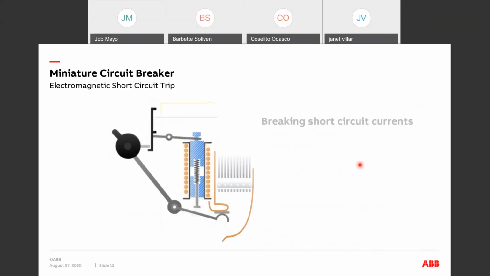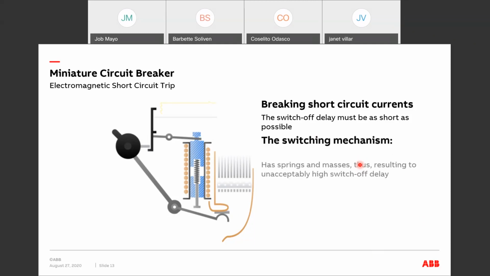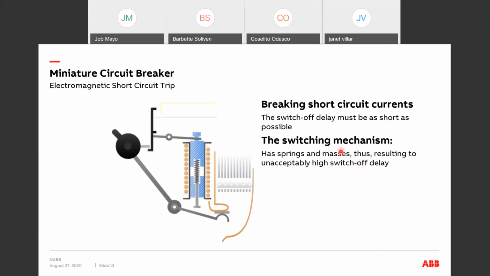And lastly, breaking of short circuit currents. As you all know, the most important factor in breaking short circuits is the time duration, or the breaking time. The idea would be the switch off delay must be as short as possible. The switching mechanism has springs and masses, thus resulting in an unacceptably high switch off delay.